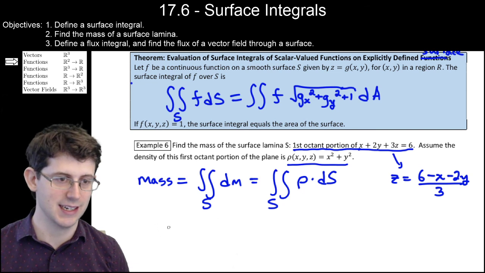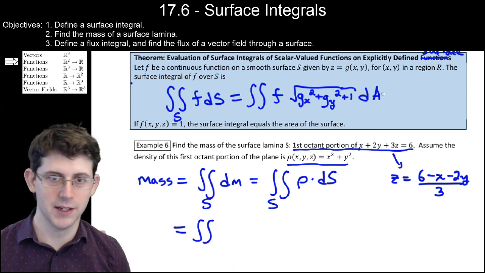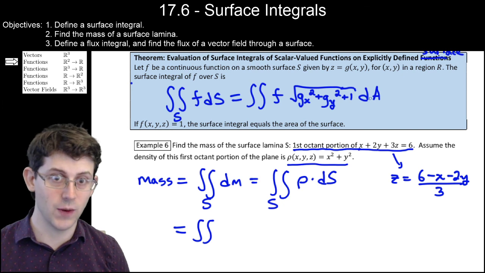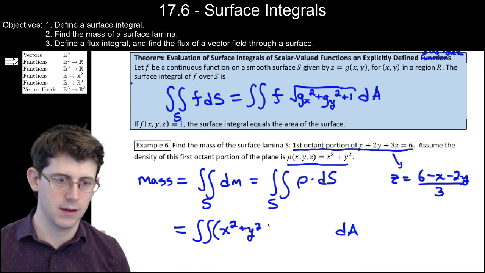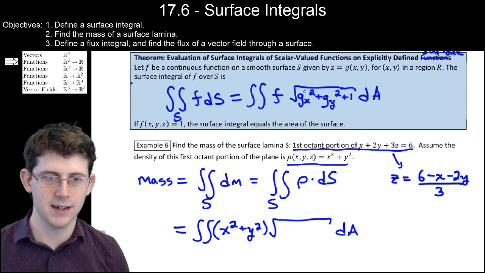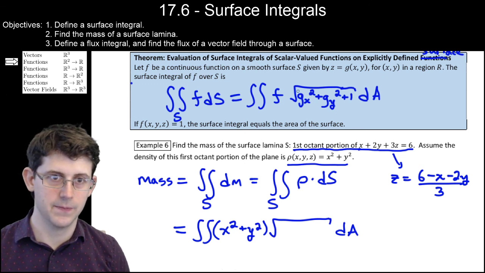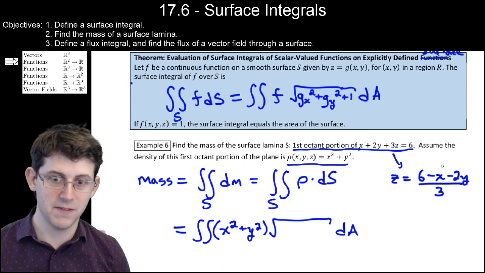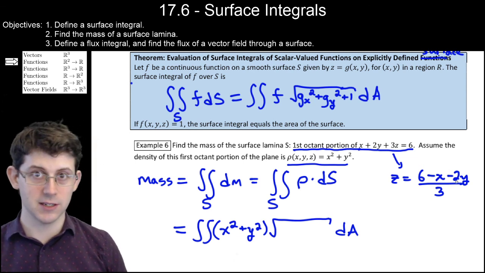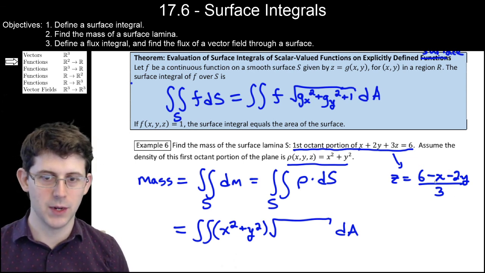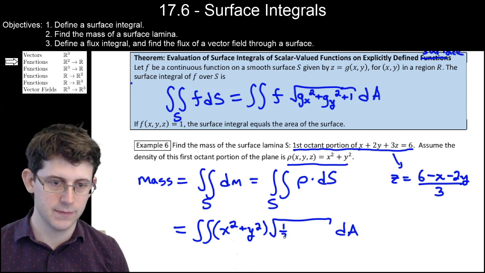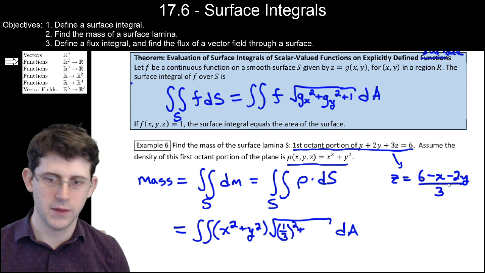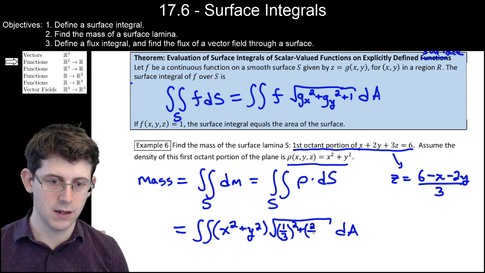So it's pretty nice. This is going to be the integral over an x and y region of your function times this scaling factor: the x partial derivative of your function squared, plus the y partial derivative of your function squared, plus 1, all square rooted. Well, the x partial derivative is minus a third. The y partial derivative is minus 2/3.